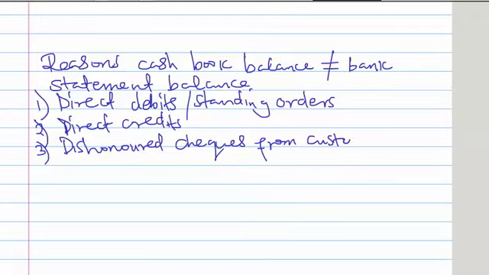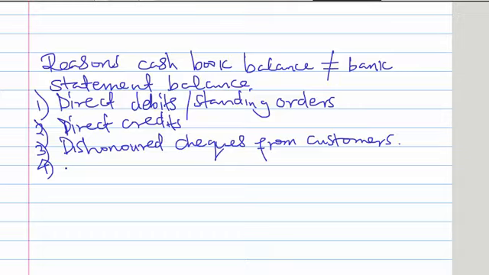So you've made a deposit into your account, and you get a check from your customer. You deposit it into your account, and then your bank dishonors it, maybe because the customer has insufficient funds, or maybe the signature is wrong. What would happen is you've already recorded in your cash book that you've received the cash, but then the check has a problem, so your bank statement might not have that transaction, and that will cause a difference.